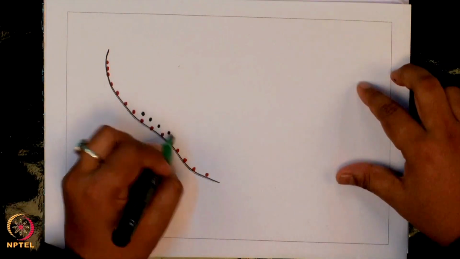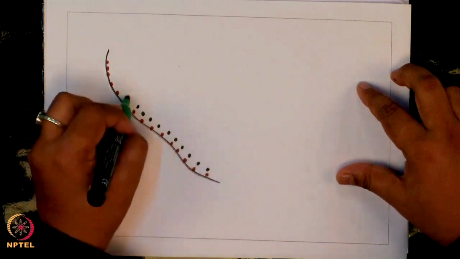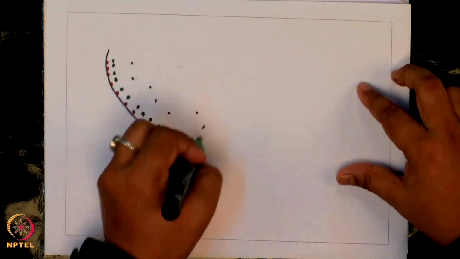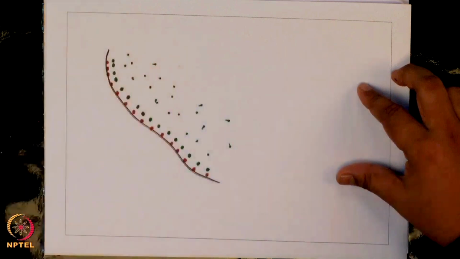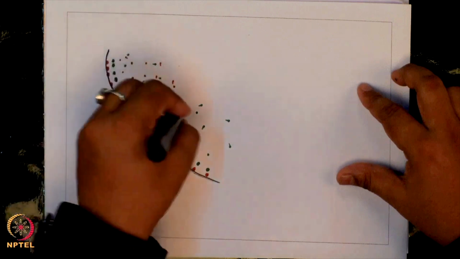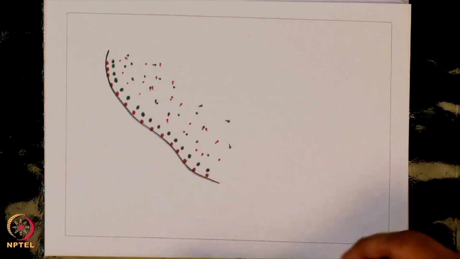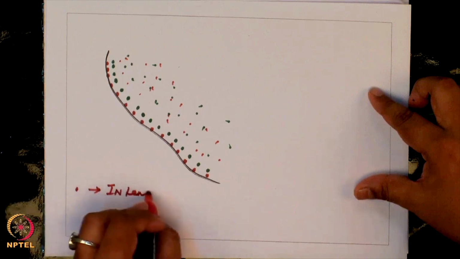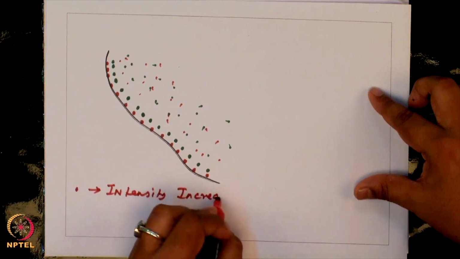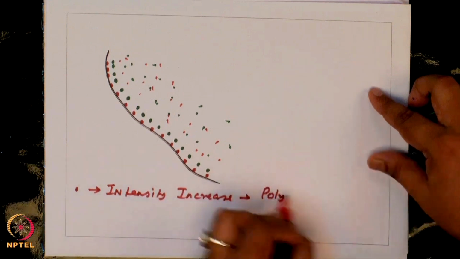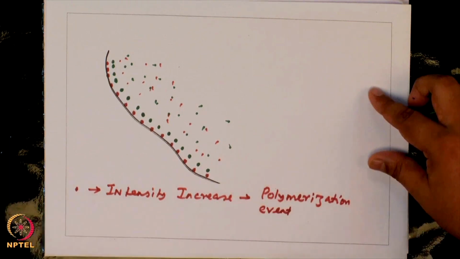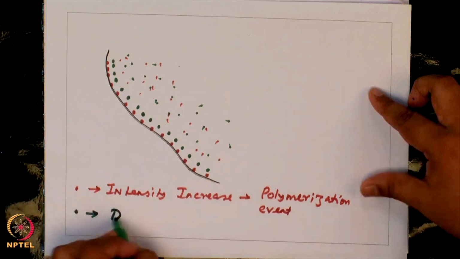So, what was observed: red corresponds to intensity increase, in other words, it signifies a polymerization event, and green corresponds to a depolymerization event.